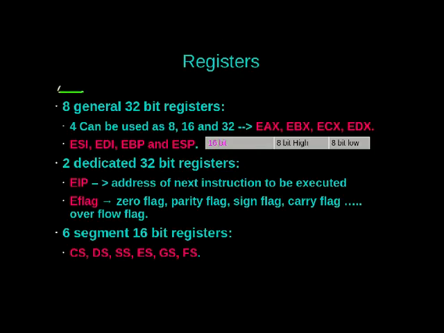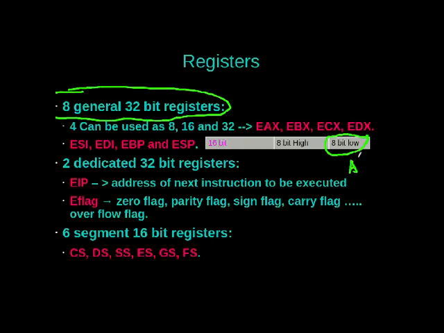Registers. Remember, we had 8 general purpose registers, which are 32 bits: EAX, EBX, ECX, EDX. Those are the main 4 that we can divide into 8, 16, and 32 bits. Why can we divide them? This is a byte. If I want to use a byte, I'll use AL.